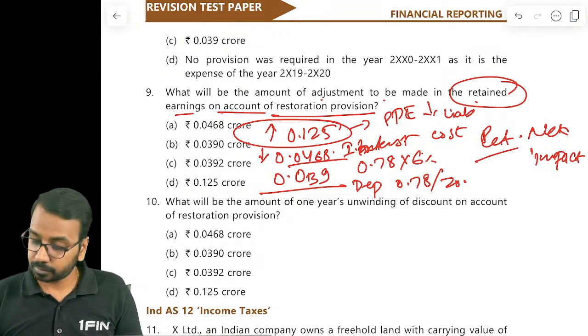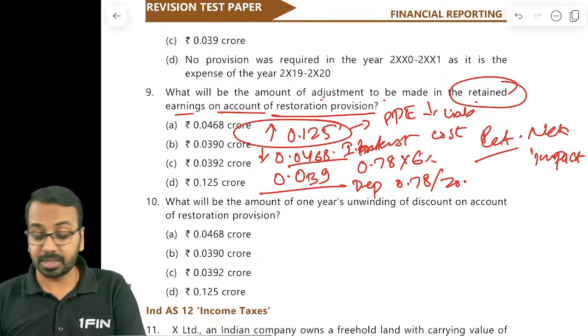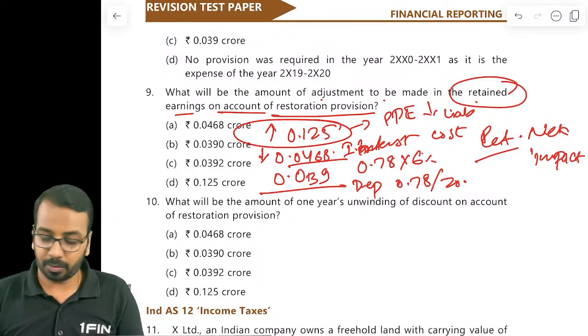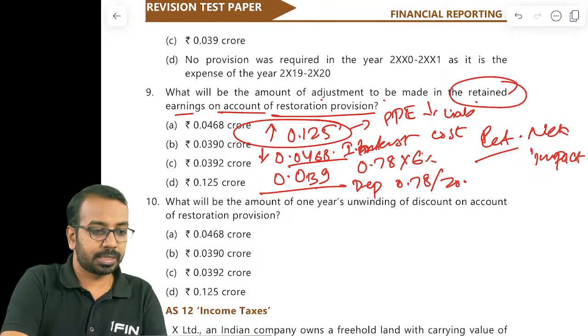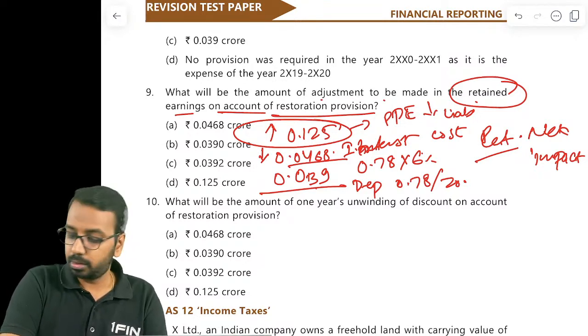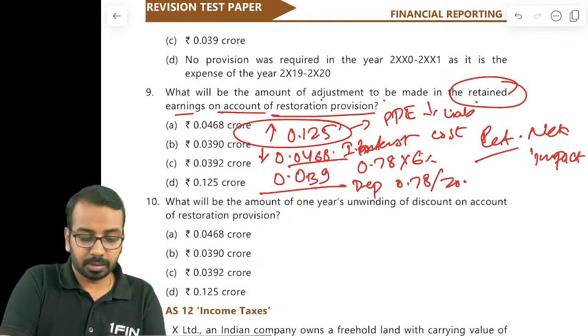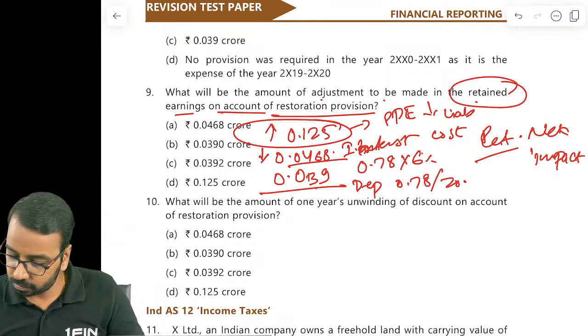Then 0.039 is the depreciation on the provision PPE amount that needs to be provided. So 0.0468 plus 0.039 is 0.0858.